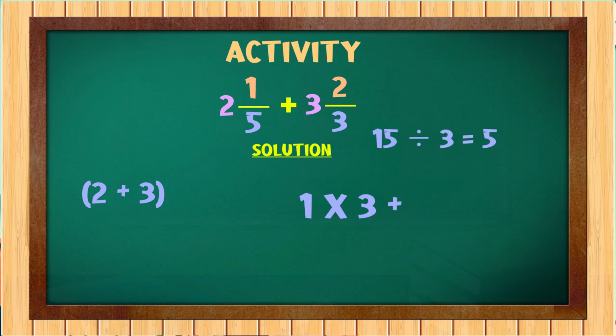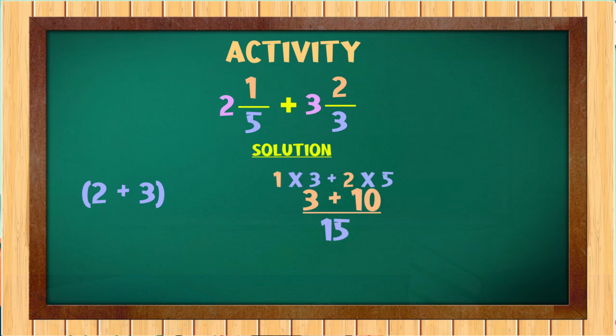Plus 3 into 15, 5. Answer, numerator, 2. 2 times 5. Let's do the calculation. 1 multiplied by 3 will give us 3, plus 2 multiplied by 5 will give us 10.